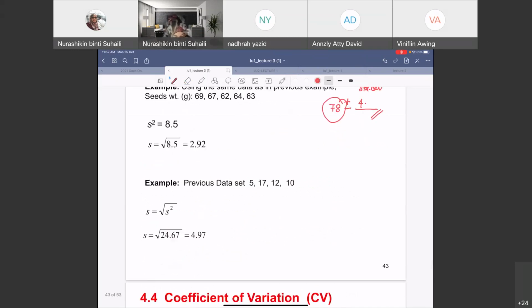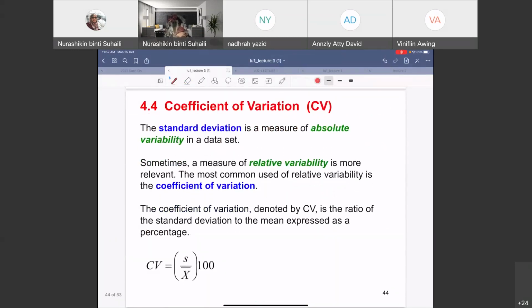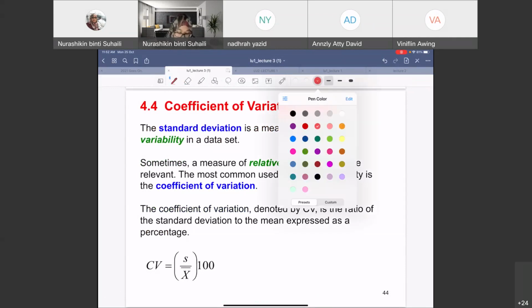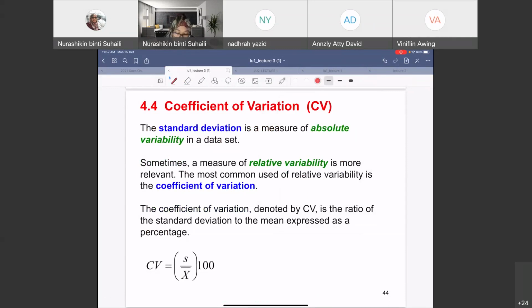So here. Okay, and the last one is coefficient of variation. Okay, just now when we talked about range, it is something from the lowest to the highest, like 65 to 95. That is range. And then when we talk about variance, it is a single value, for example maybe 35, 40, something like that.